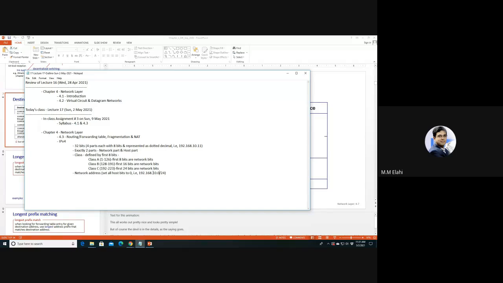Now, instead of storing 100 entries for the routing table, because there are 100 hosts in the network, if we have one single address representing the entire network, how many entries we need to store in the routing table? 1, sir. 1.